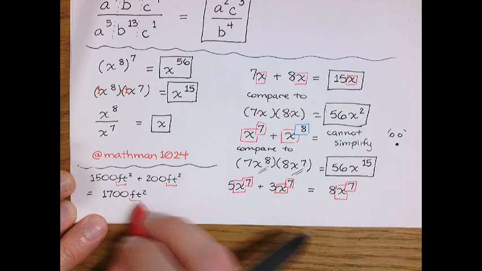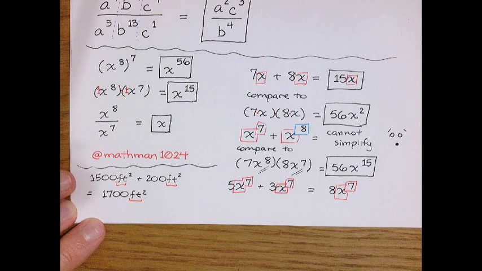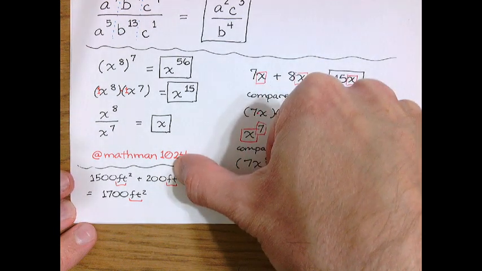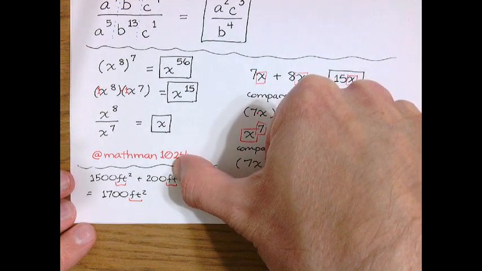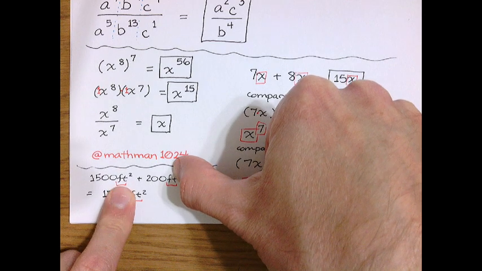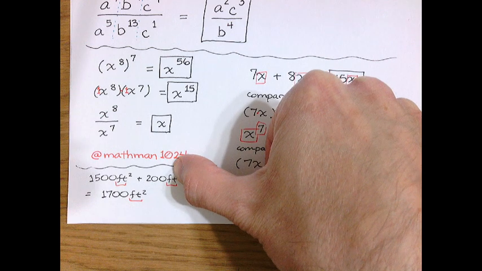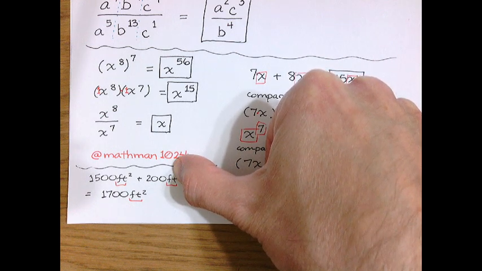Notice that the unit didn't change. Square feet plus square feet is square feet. What you can't do is say 1,500 square feet plus 200 feet, because this measures area, but just 200 feet measures a length, and you can't add those because they're not the same type of unit.